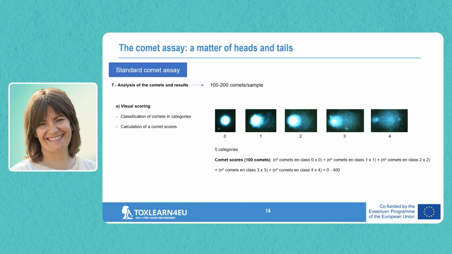Class 4 has a very small head, and most of the DNA is in the tail. So you just classify: this is 1, this is 2, and so on, until you get to 100. Then you calculate the comet score: number of comets in class 0 multiplied by 0, plus number of comets in class 1 multiplied by 1, and the rest. So this comet score will go from 0 to 400. This is one way of doing it.